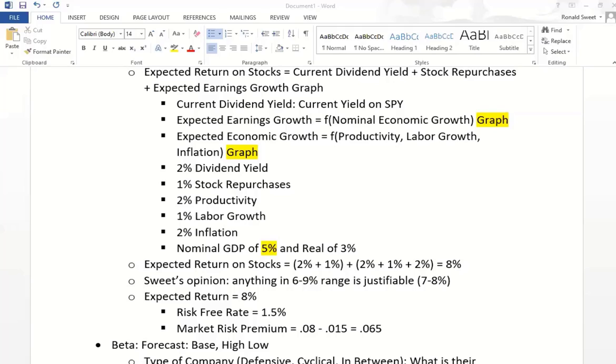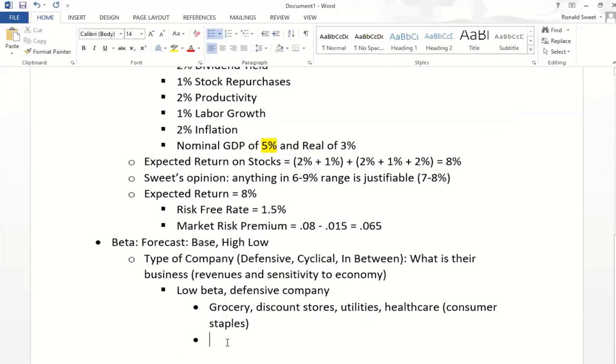Pepsi and Coca-Cola are probably low betas. Most of the rest of you have kind of in between or high beta type of companies, but some people argue that Apple's becoming more of a commodity, but when you're selling a $1,200 phone, I don't think you can call that a low beta company. So those are your low beta.